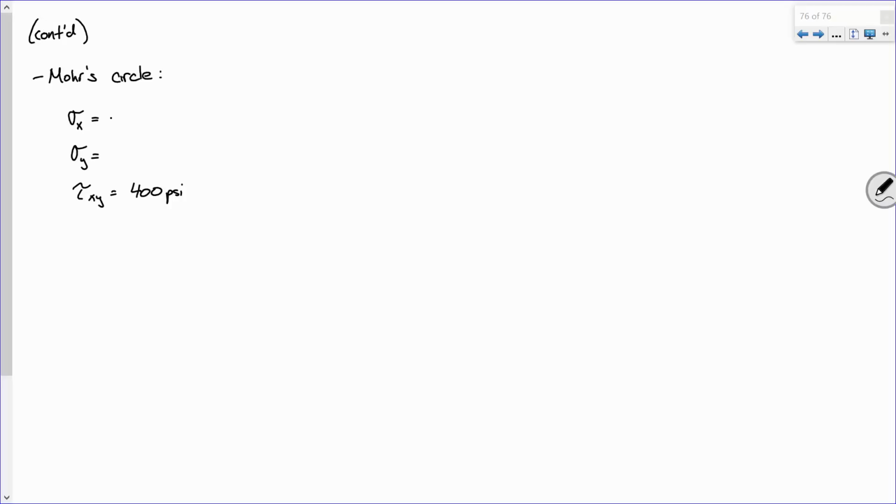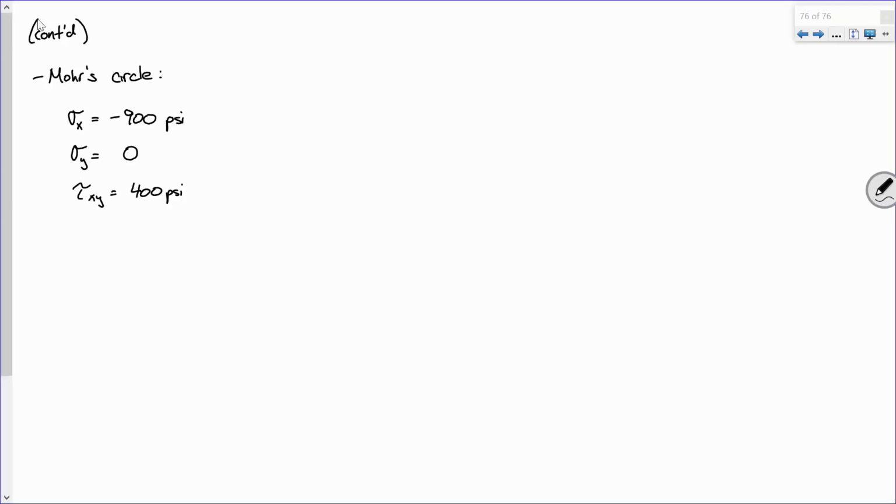So what I'm going to do is say negative 900 psi. Tensile being positive, compressive being negative. Now those are the only stresses on there. There's just a bending stress and there's a shear stress. So what do you think's going on with sigma y? It's 0. Sound good?